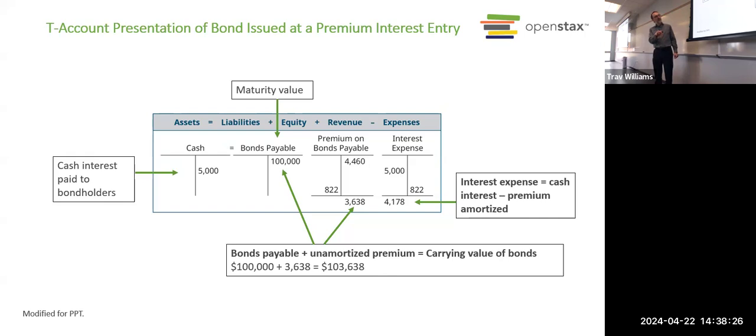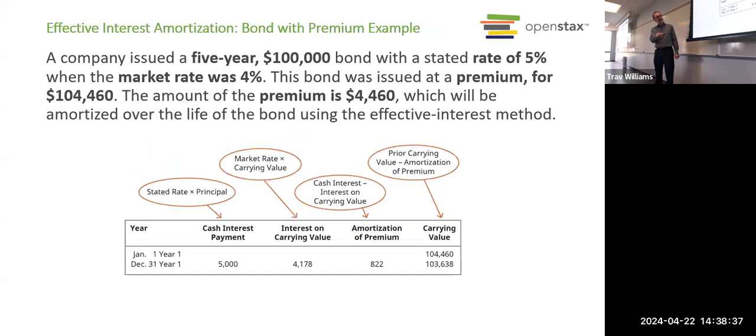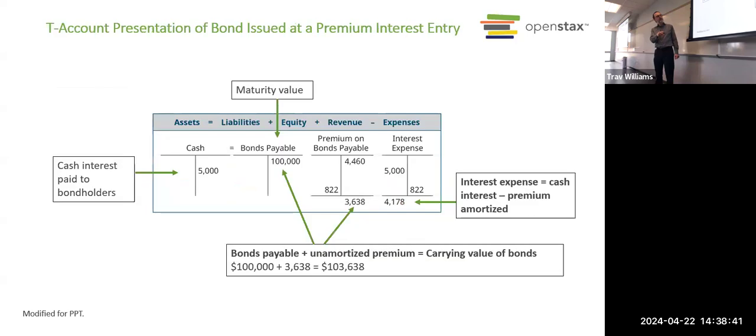We had a premium of $4,460 that we had originally collected, right? But we amortized $822. This $822 amortization of premium reduces that premium. So now we have $3,638 remaining. And by the time the loan matures, that premium will be down to zero.